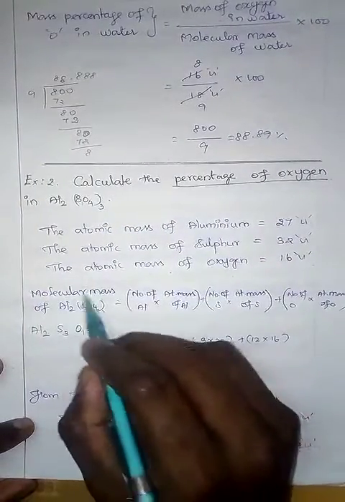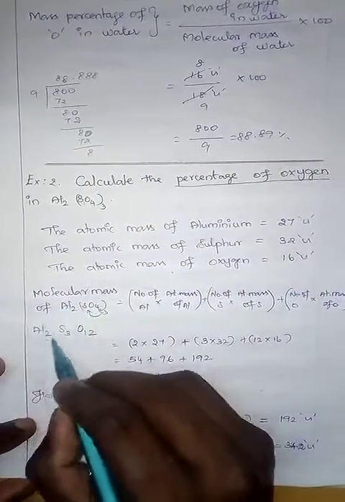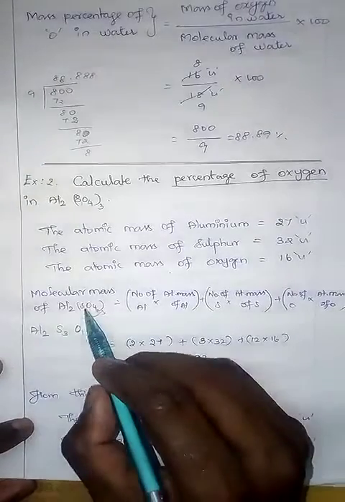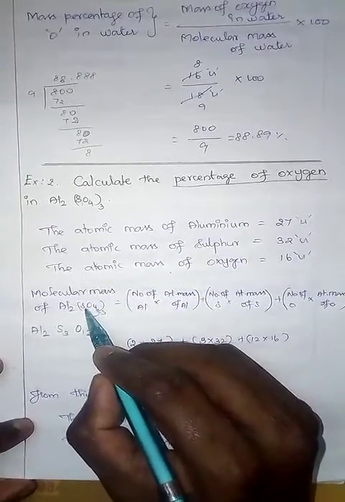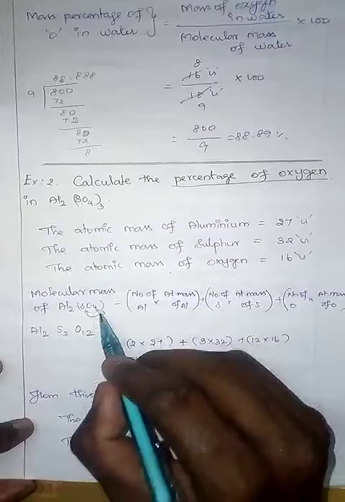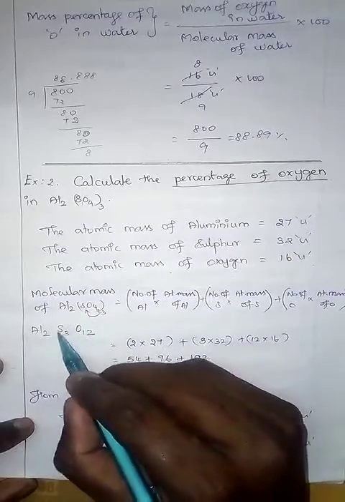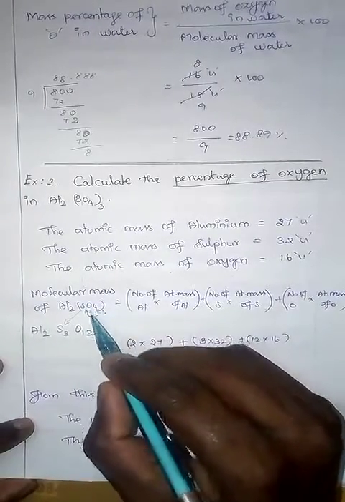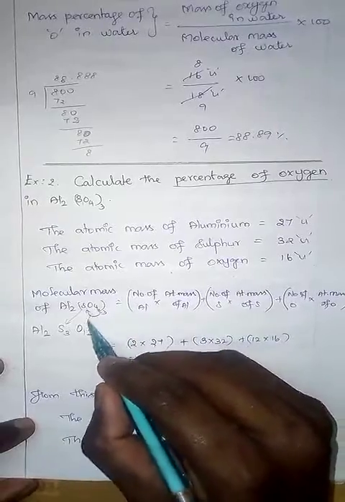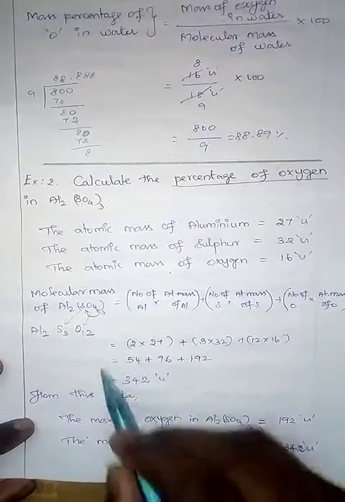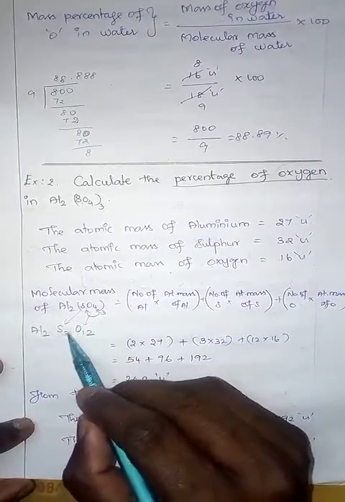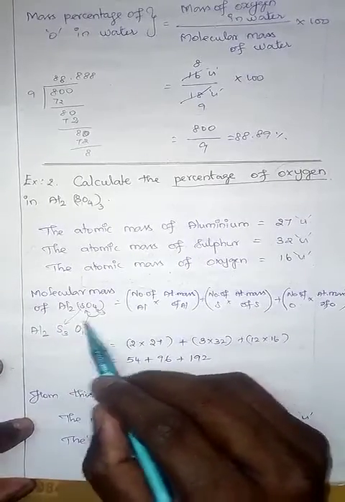Look at here, Al2, there are only 2 aluminium atoms. Sulfur, the default number is 1 here, so 1 into 3, 3. So sulfur is 3 here. Oxygen, 4 into 3, 12. So that's the answer. There are totally 3 sulfur atoms and 12 oxygen atoms.